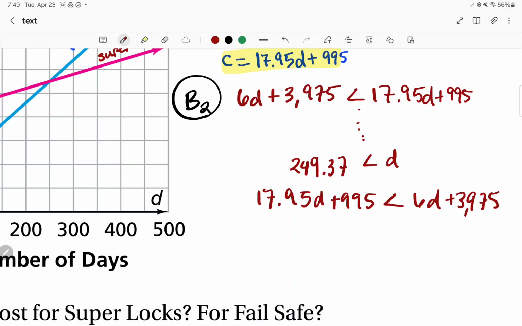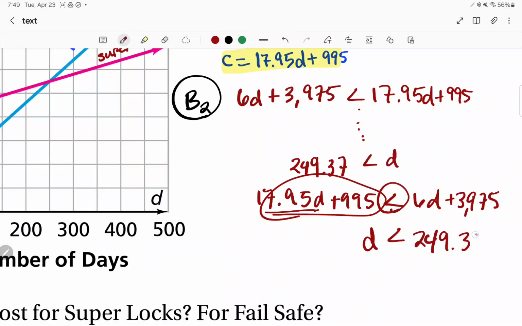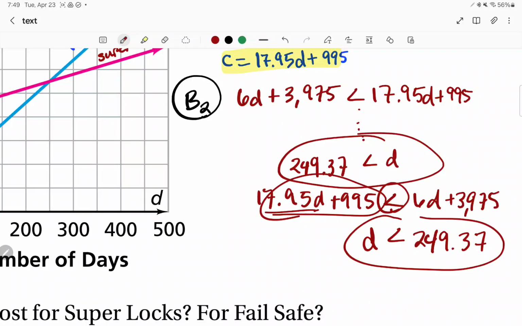But again, we've already done all of this, and we ended up with D. This time, D is going to end up on this side when we go through and solve. So it'll be D is less than 249.37. Which, looking at the graph, remember we got D is greater than 250 and D is less than 250 for those same two answers. But this gives us exact decimal value answers here.